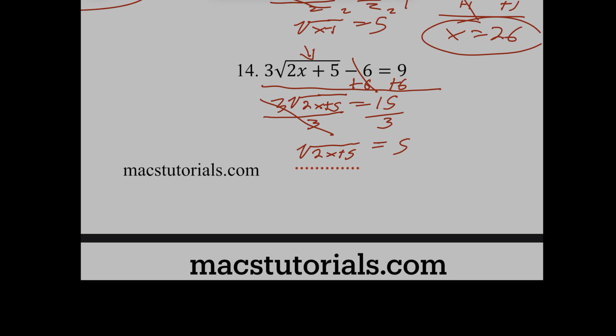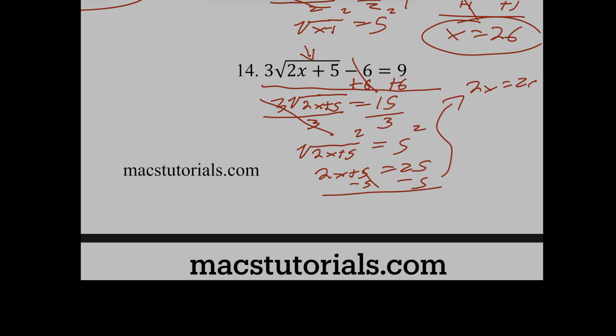Now the square root is all alone, and you can't do it before then. Now I get to square both sides. And I'm going to get 2x plus 5 equals 25. Now I'm going to subtract 5 from both sides. And I'm going to get 2x equals 20. And when I divide everybody by 2, I get x equals 10.